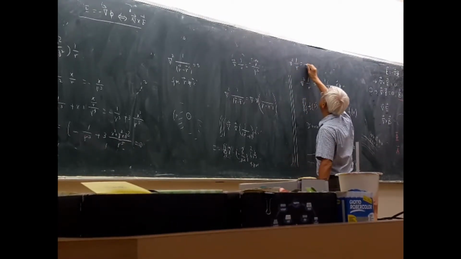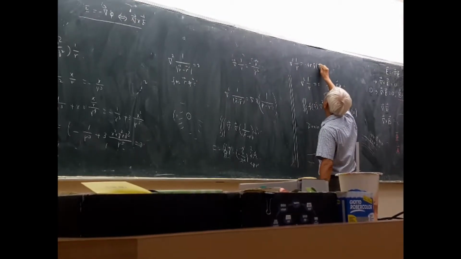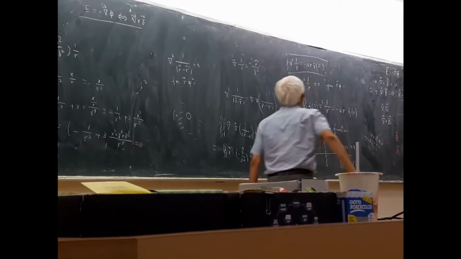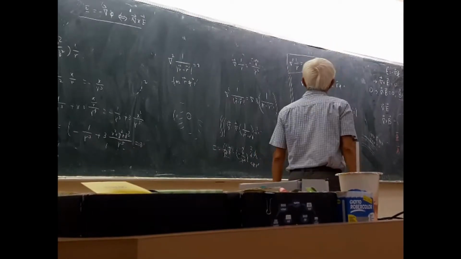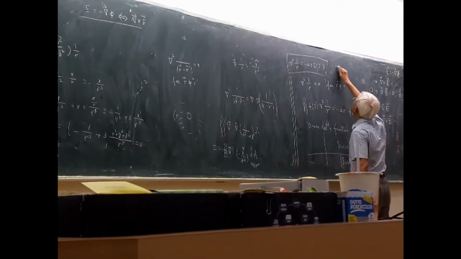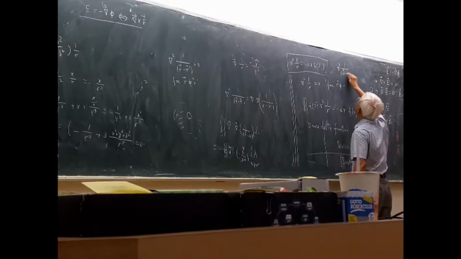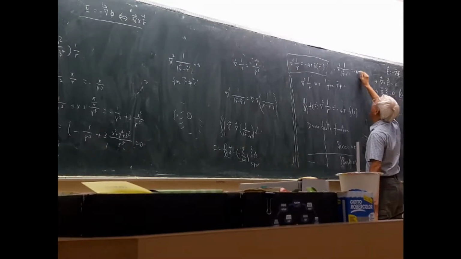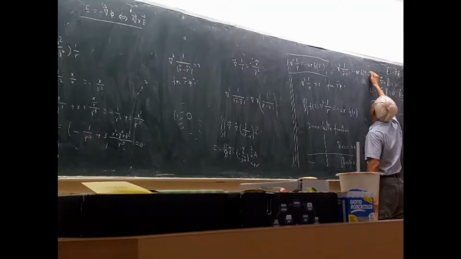Just memorize this: minus 4 pi delta r. It is the three-dimensional delta function, Dirac delta function. Or you can check the origin. R minus r prime is equal to minus 4 pi delta r minus r prime.